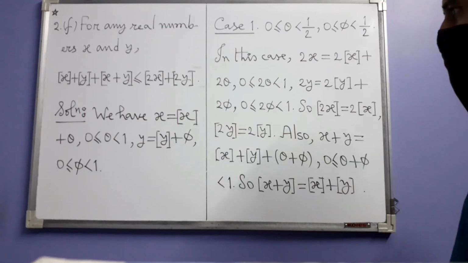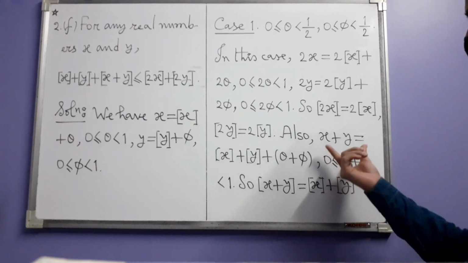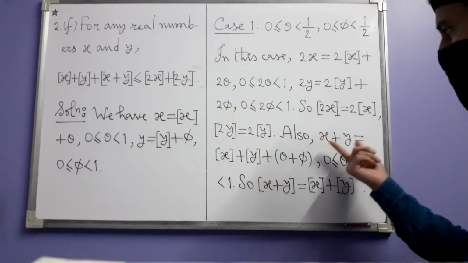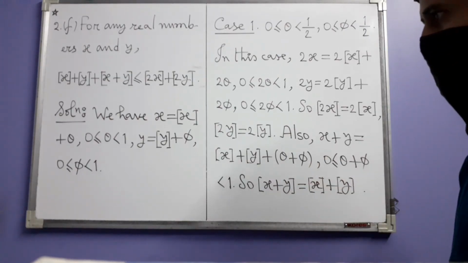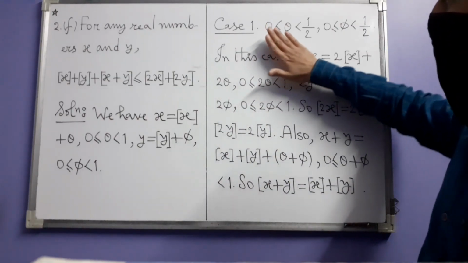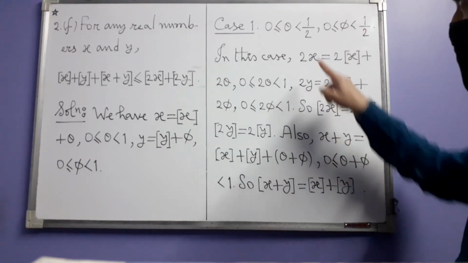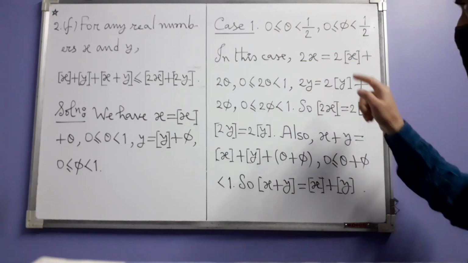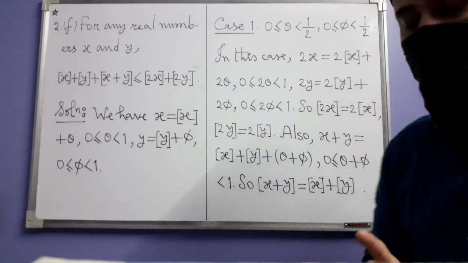Okay. Now let us add these two equations. That way we will get x plus y equal to box x plus box y plus theta plus phi. And let's also add these inequalities. 0 plus 0 is 0, less than or equal to theta plus phi, less than 1 over 2 plus 1 over 2 is 1.